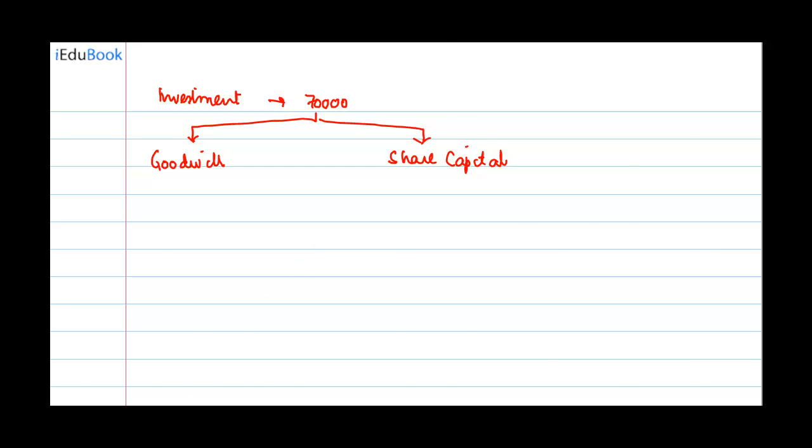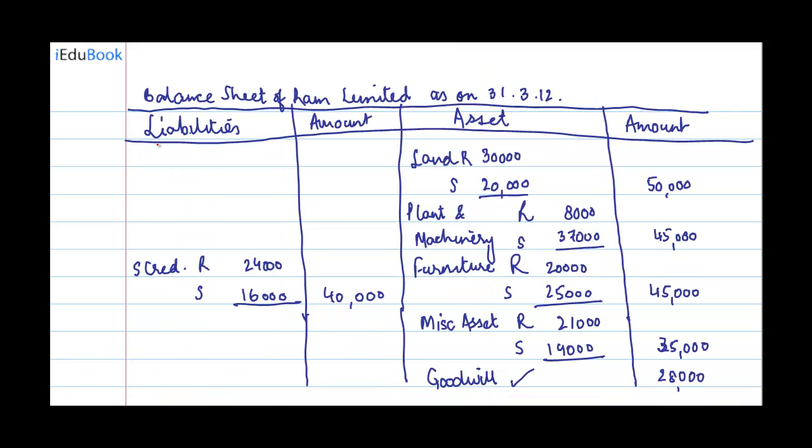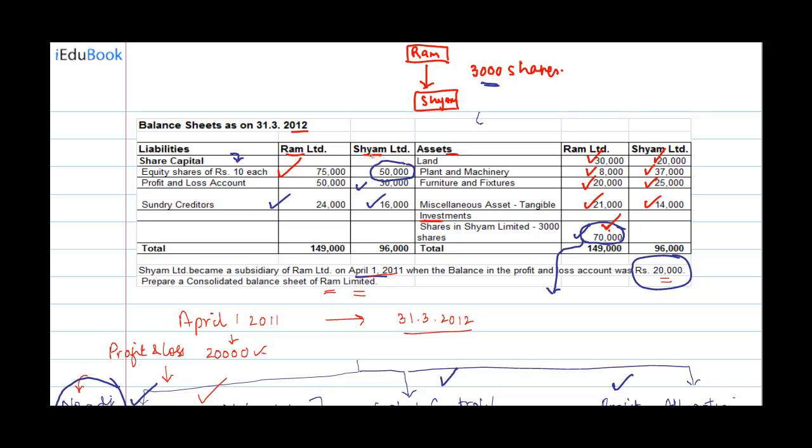So if you notice your balance sheet, what all are we left with? One, share capital of Ram Limited. This is no problem. You can just write it here as share capital 75,000. In a consolidated balance sheet, you do not give any impact to the share capital of the other one. This is adjusted otherwise, which I'll just show you.